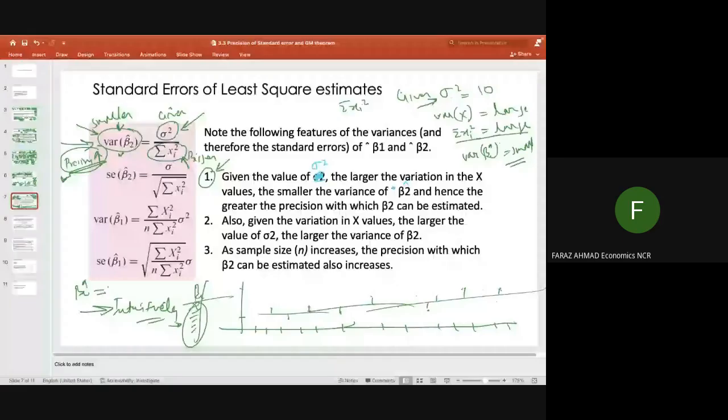That means we will have a smaller standard error or smaller variance of beta 2 hat. In that case, we will be more precise. Precise means our beta 2 hat will be closer to beta 2.